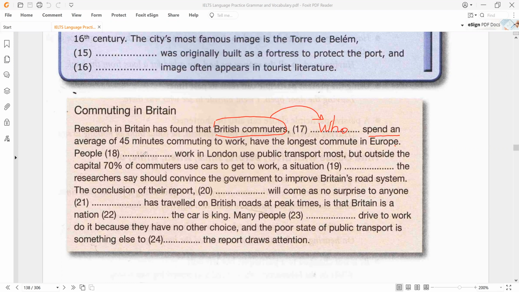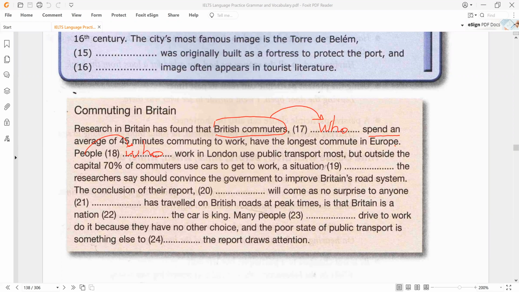People, 18, work in London. Where? Or which? People, come on. People who? Yes, who work in London use public transport most. But outside the capital, 70% of commuters use cars to get to work.